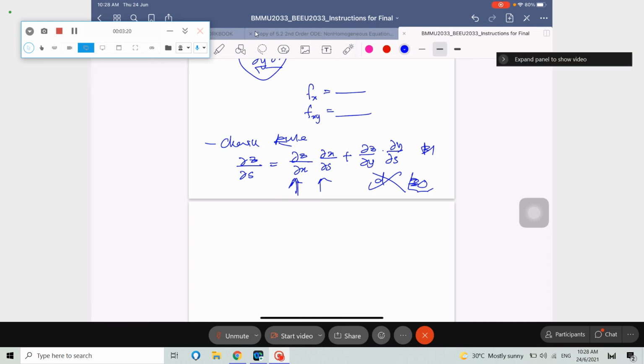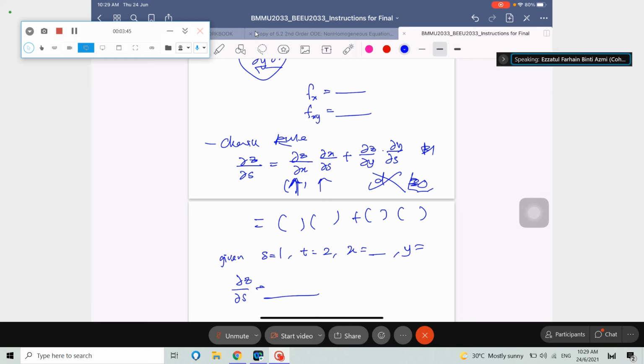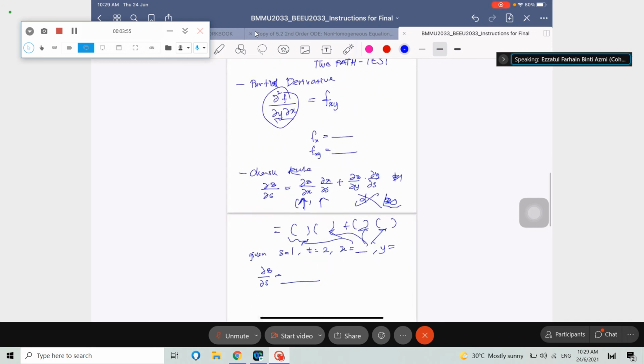So it must be del. And do one by one. After you do one by one, plus do one by one. Then you insert the value, right? So if given, let's say s equals 0, s equals 1, let's say t equals 2, you find what your x equals and what your y equals. Then put your del z over del s in terms of one number. Put inside here. Everything put in here. Okay.